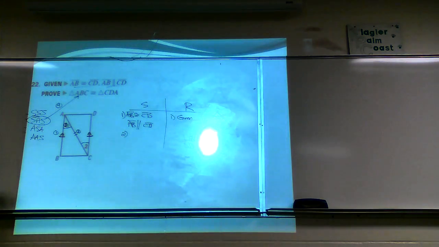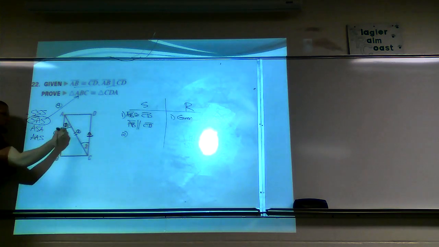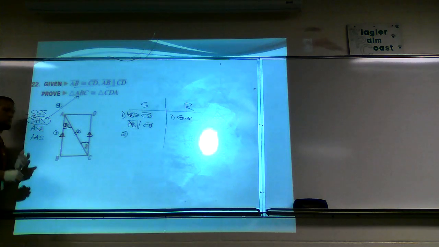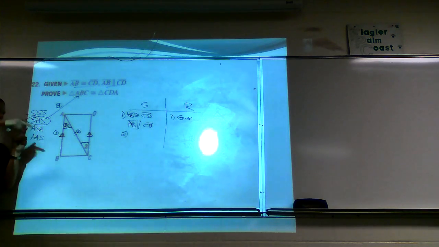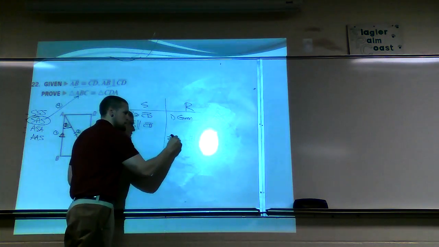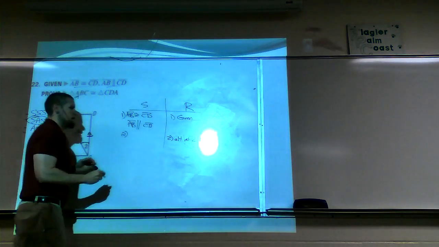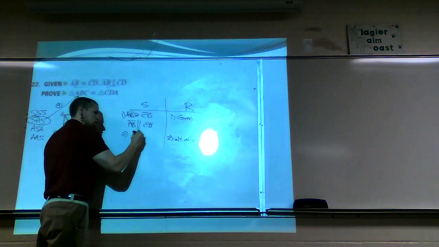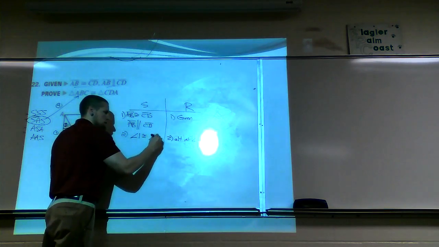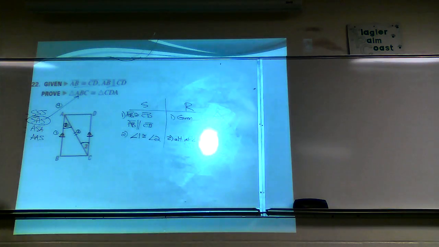Again, on the picture, the second thing I marked, I put a little 2 by it, were those angles. Those are my alternate interior angles. And remember, alternate interior angles is the reason, right? Alternate interior angles are congruent. Me stating which 2 angles are congruent goes here, which are 1 and 2. If you want to do that in your pictures, that's fine as long as I see it.